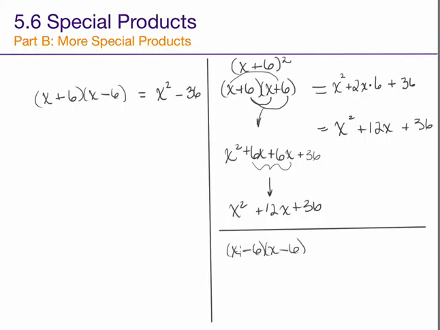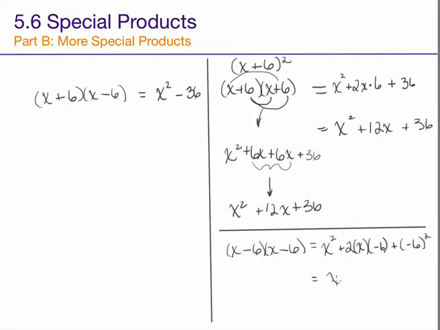Let's do the example where the binomials are the same, like this one, but the sign's minus instead of plus. Using the shortcut, I'll get a squared, because my a in this case is x, plus 2 times a times b. The thing in the position of b is negative 6, plus b squared.